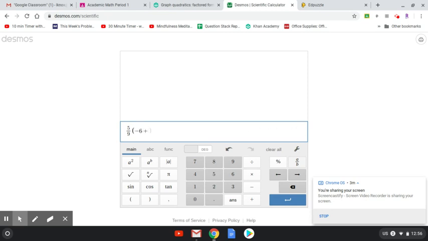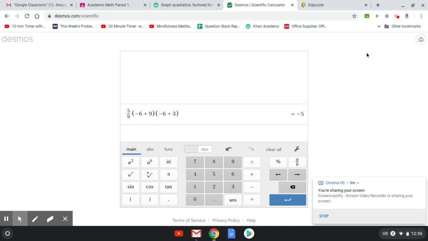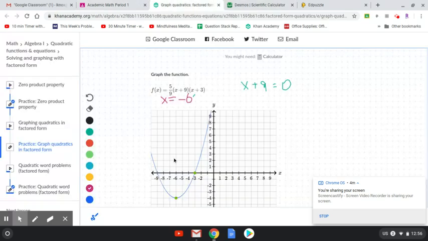I'm just making x equal -6 because that's where the line of symmetry is going to be. And when I calculate that, I find out that the y value there is going to have to be -5. So let me go back here. It's going to have to be, am I there yet? Yeah, I'm there.